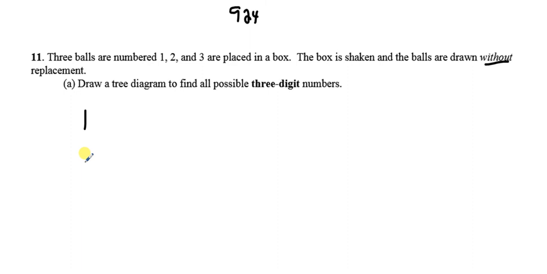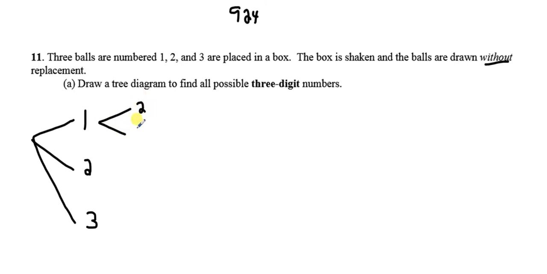So you got 1, 2, 3 different ways that you could pick a ball out of the hat. And then you don't put the ball back in. So if you drew a 1, there's not a 1 left to choose from. So you can get a 2 or a 3 on the second time you pick.